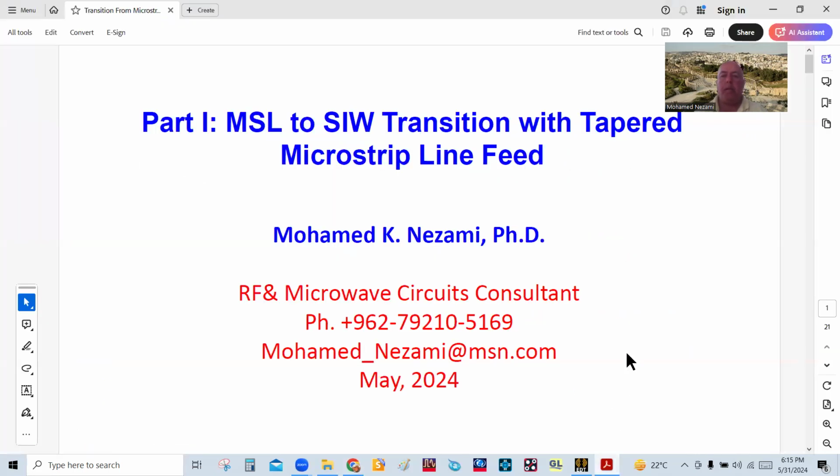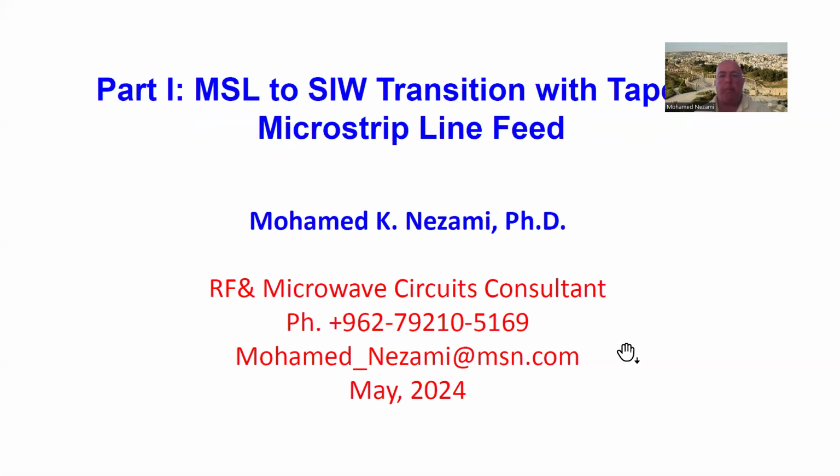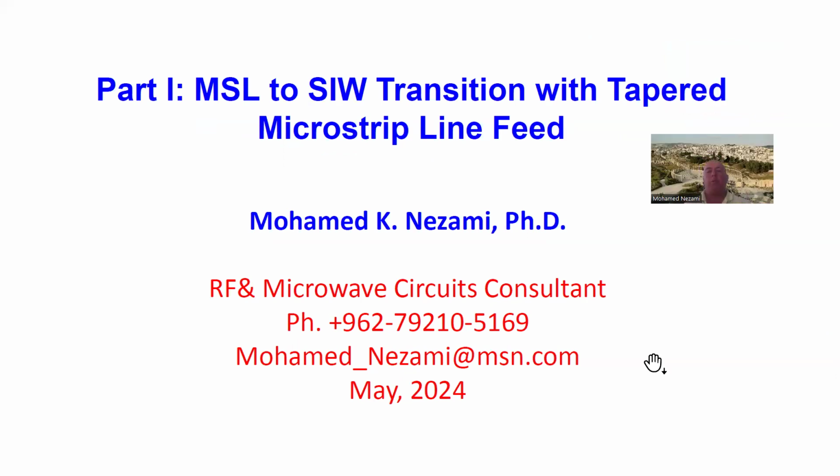But today I'm going to zoom in on an area. The reason I was motivated for this is because I have been reached by several graduate students and engineers, and they had some difficulty with the transition from substrate integrated waveguide to microstrip lines.